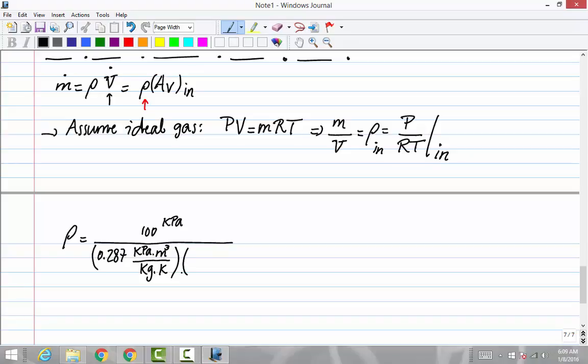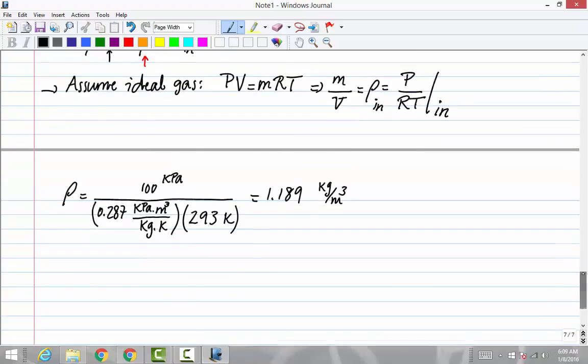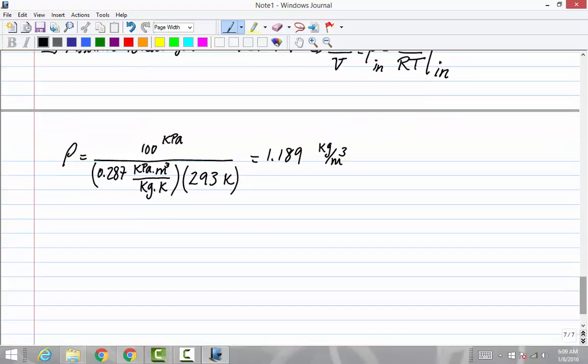Temperature was 20 degrees C. In Kelvin it's 293, just add 273. Assume you know that. Equals 1.189 kilogram per meter cubed. Awesome. I found the density. Put it back in m dot and solve for mass flow rate.